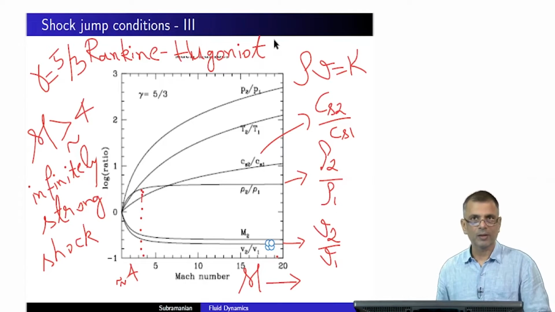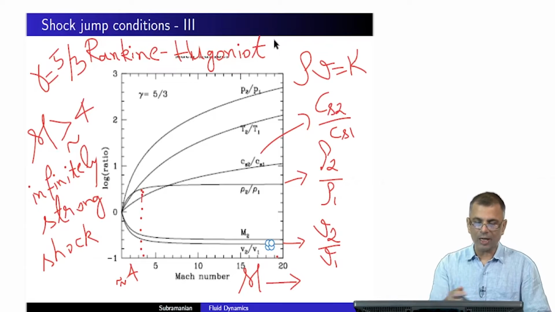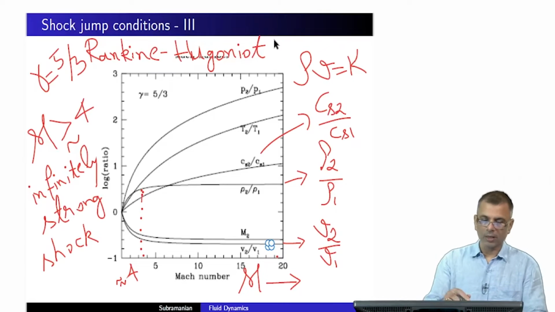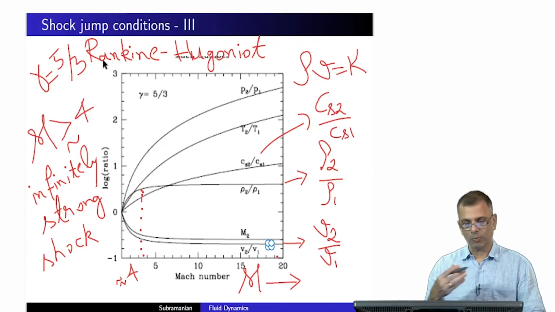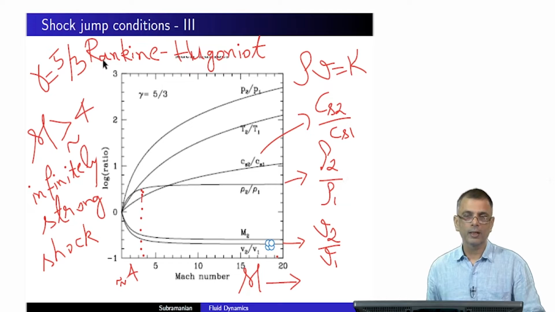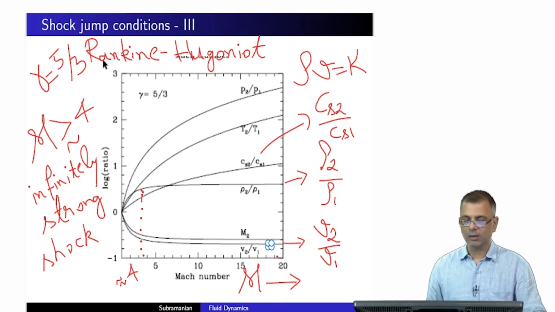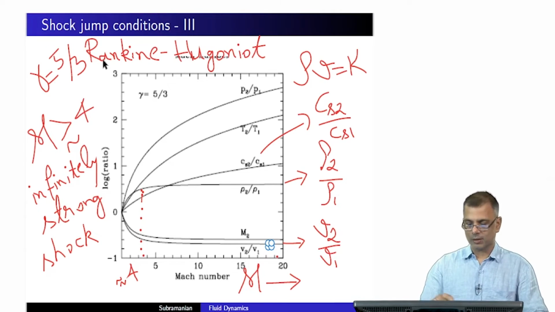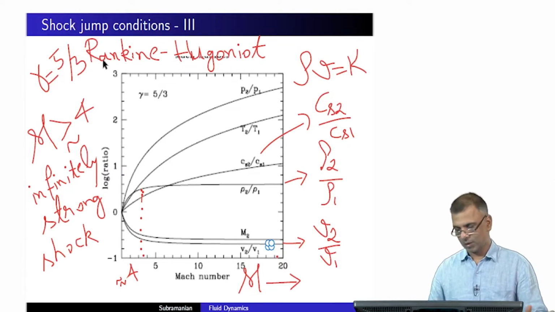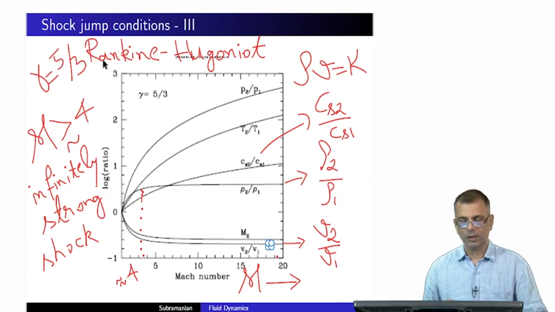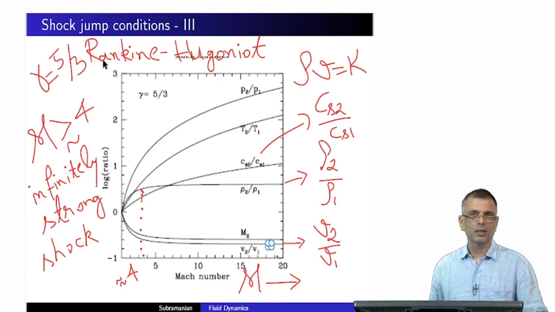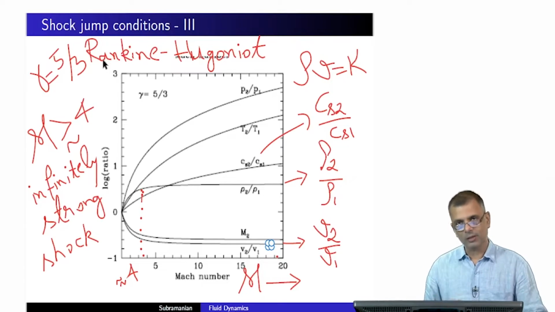Same thing. Okay, this is the name, named after the two scientists who pioneered this field. Okay, so these are the Rankine-Hugoniot conditions, and this graph gives you all the information you need. So I urge you to stare at this in detail and think about it.